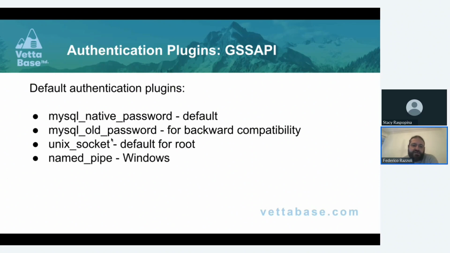It allows you to authenticate to the operating system, Linux actually, as a system user, and then connect to MariaDB without any password. Named pipe is similar, but it's for Windows. Actually, it's not installed by default, but it's present in the plugin dir.